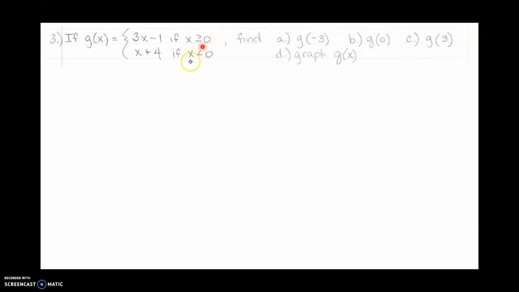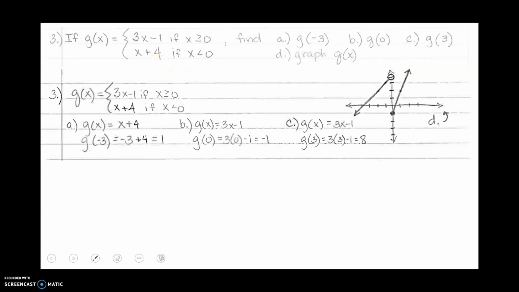No. Is -3 less than 0? Yes. So that means I use this piece only. All right. So for g of -3, I'm going to use the bottom piece, x plus 4. And then I'm going to put -3 in for x, and that would give me -3 plus 4, or positive 1.